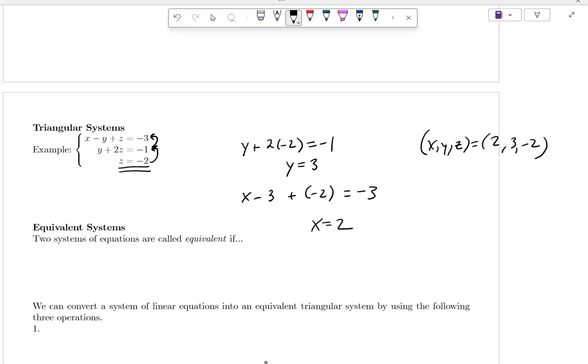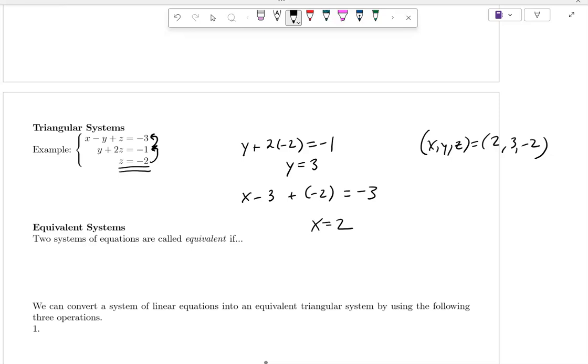Hope mentioned this term last time. We call that back substitution, right? We've got a value for one variable, and we work our way back to get the other values for the other variables. That's why it's referred to as back substitution. So our goal for this particular section is going to be to convert the given system into a triangular one, and then use back substitution to get the answers. Okay? That's our goal.